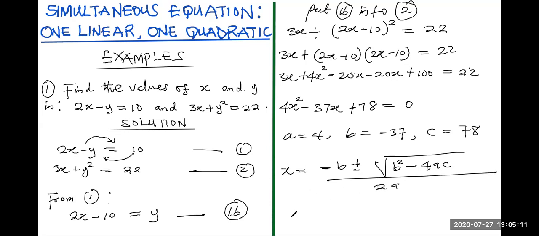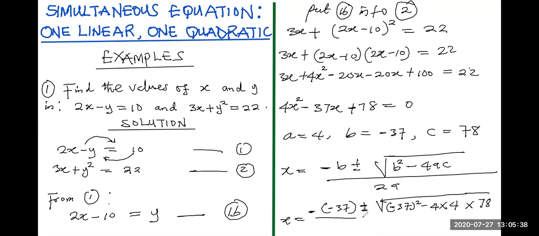So when we substitute, x is equal to minus B, which is minus minus 37, so we still include that minus 37 there, plus or minus square root of minus 37 all squared, minus 4 multiplied by A, which is 4, and times C, which is 78, and everything divided by 2A, which is 2 times 4.